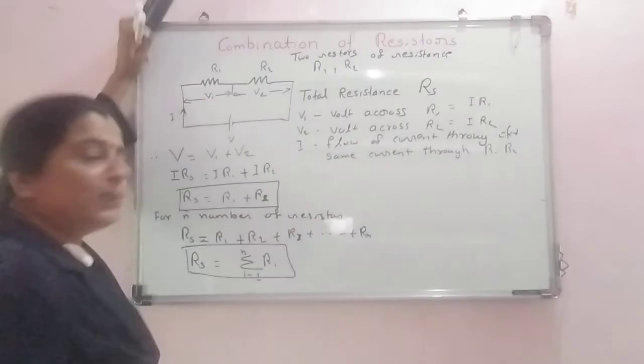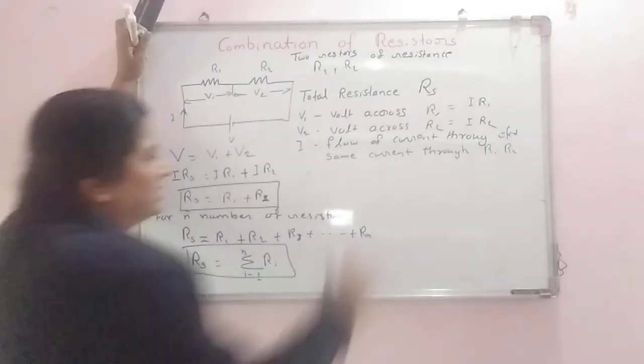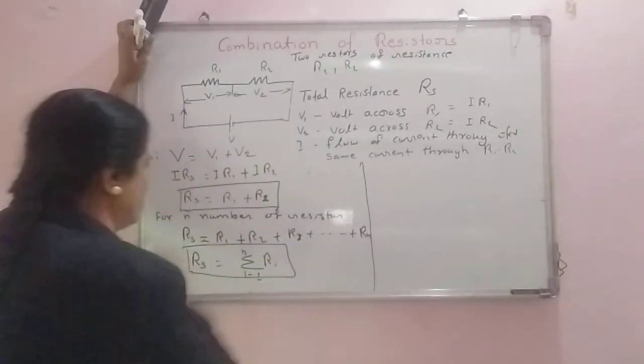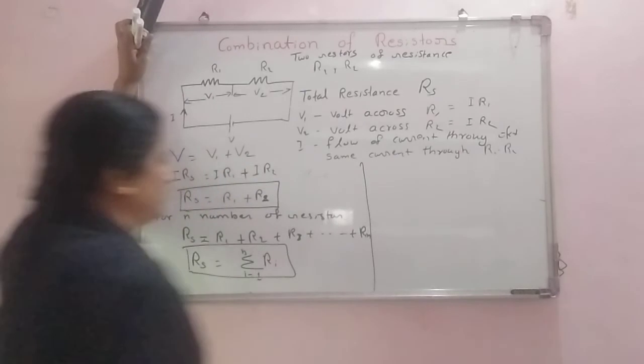Here, if only two resistors are connected, we can find this value as R1 plus R2.